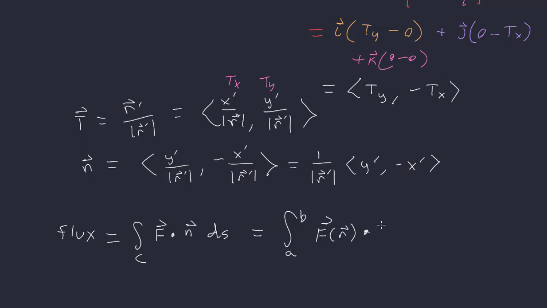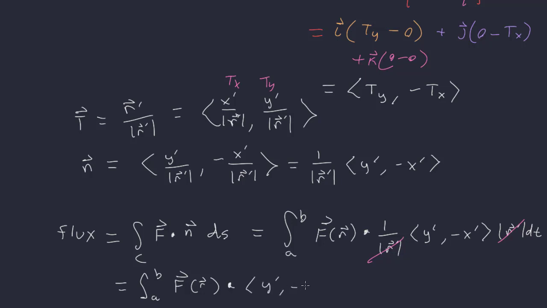Then the ds becomes the magnitude of r prime dt. And those cancel, and we end up with the integral from a to b of f of r dot y prime minus x prime dt.